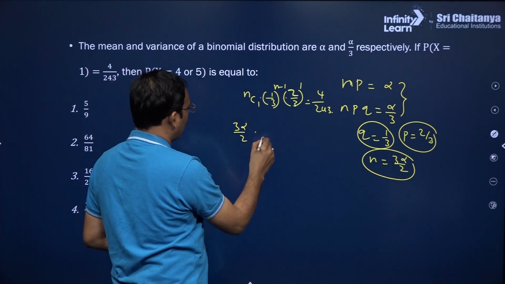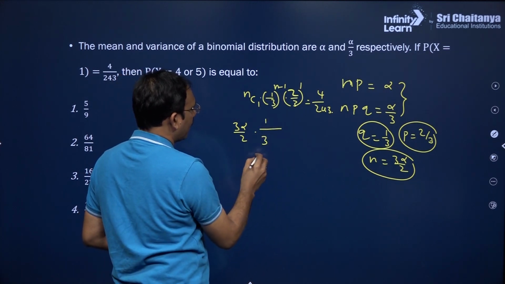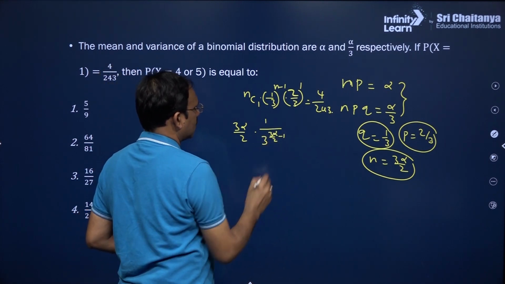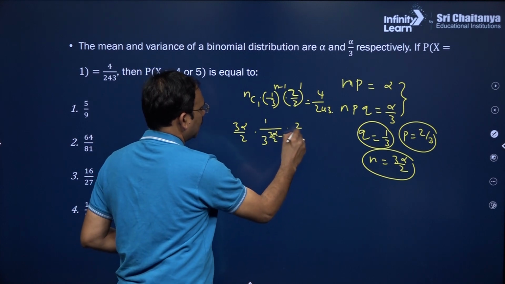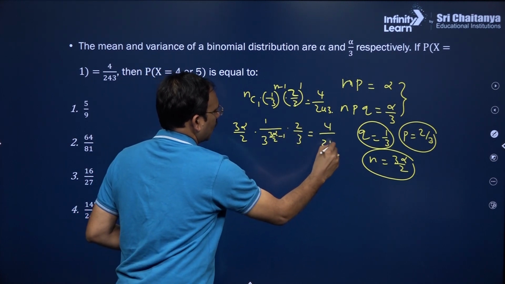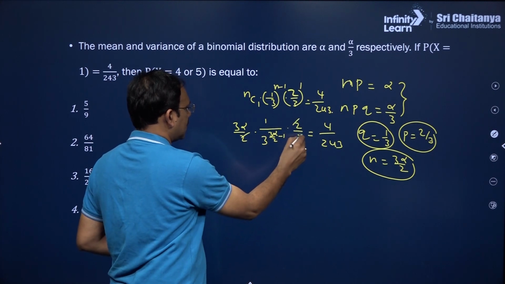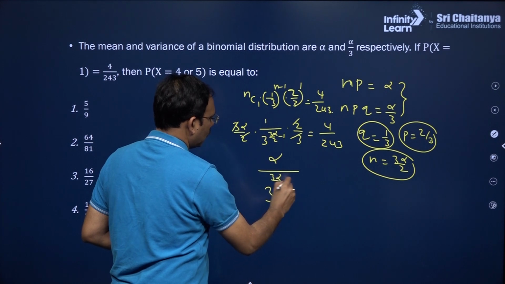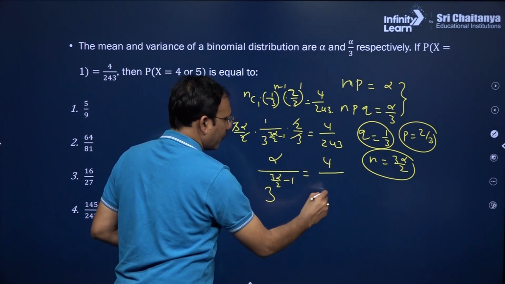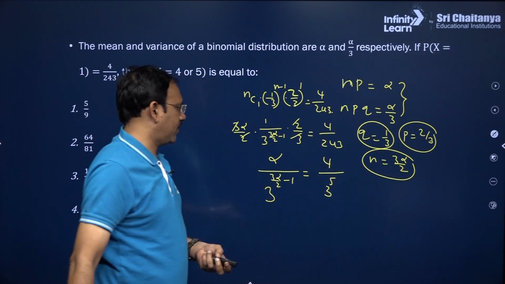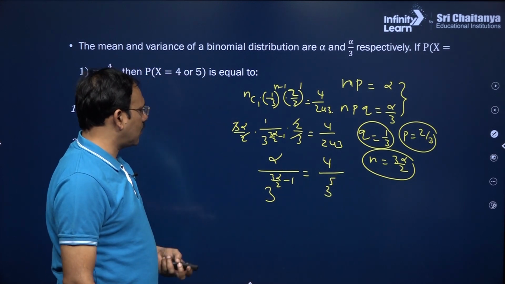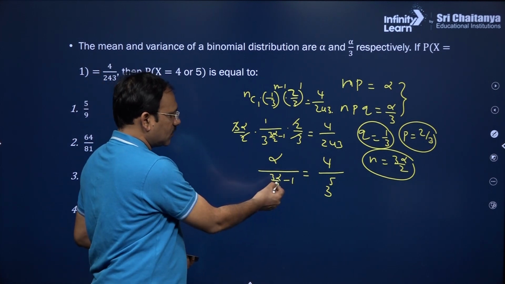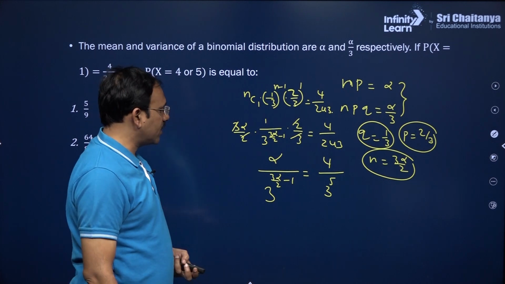So (1/3) to the power of (3 alpha by 2 minus 1) into 2 by 3 is equal to 4 by 243, my dear friends. 2 gets cancelled, 3 also gets cancelled. Alpha by 3 power (3 alpha by 2 minus 1) is equal to 4 by, this is actually 3 power 5, my dear friends. Okay, you just put alpha is equal to 4, my dear friends, and check what happens. This perfectly fits. This is 4, so this is 6 minus 1, 5.